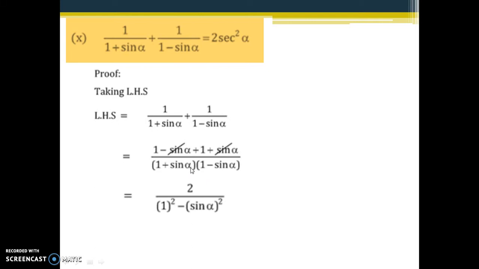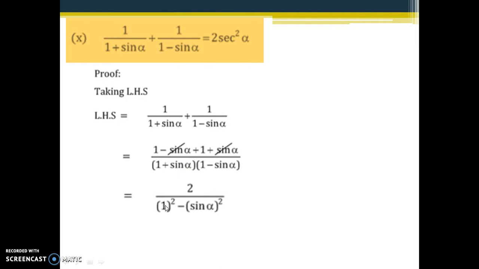And in the denominator I can use a formula over here. I have 1 plus sine alpha, 1 minus sine alpha. This is very similar to a plus b, a minus b. So I have used the formula a plus b, a minus b equals a square minus b square over here. Here my a is 1 and b is sine alpha.